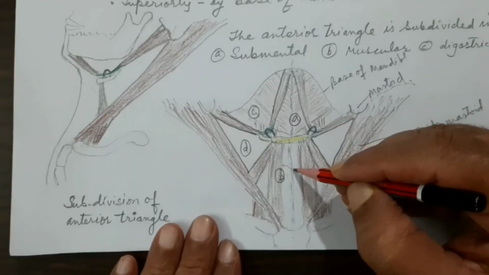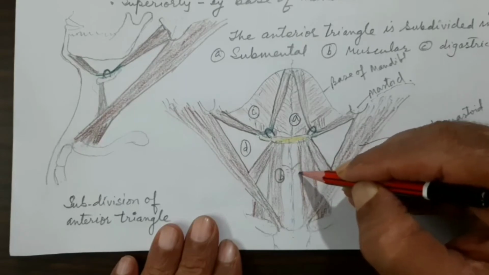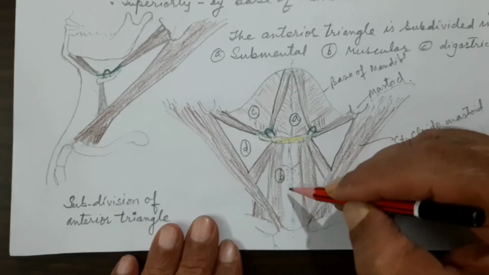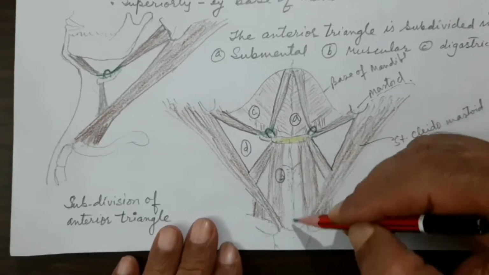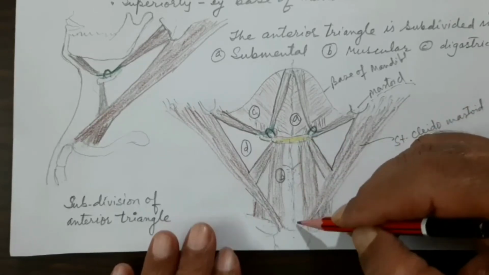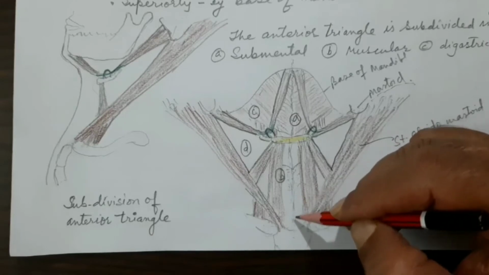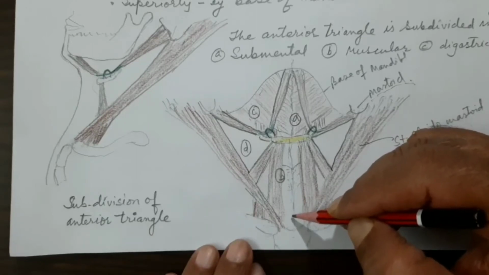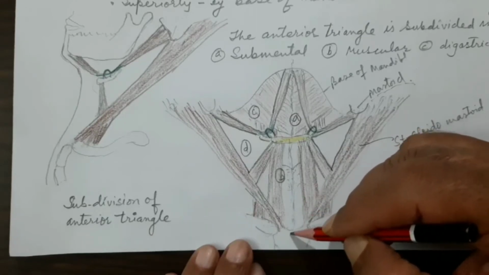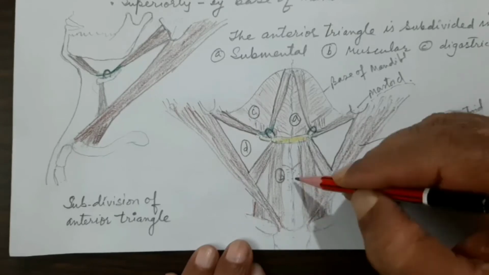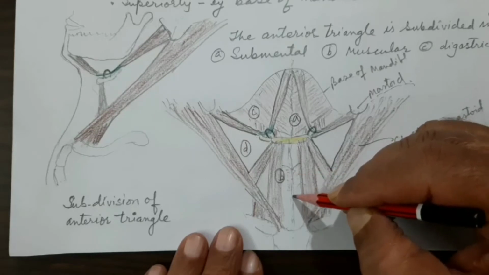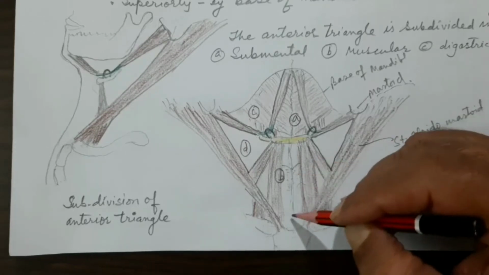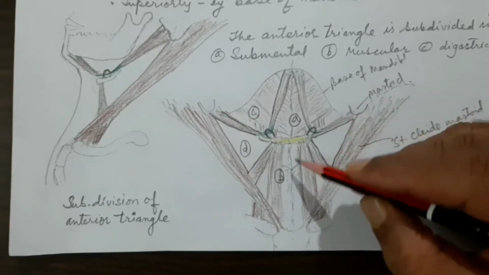At this level is the thyroid cartilage, and below that you will see the thyroid gland also, which I have not drawn, in the midline. Below that the cricoid and the trachea will be there in the midline, going just behind the sternum. So the thyroid cartilage, that means the larynx, the thyroid gland and the trachea are located in the midline.